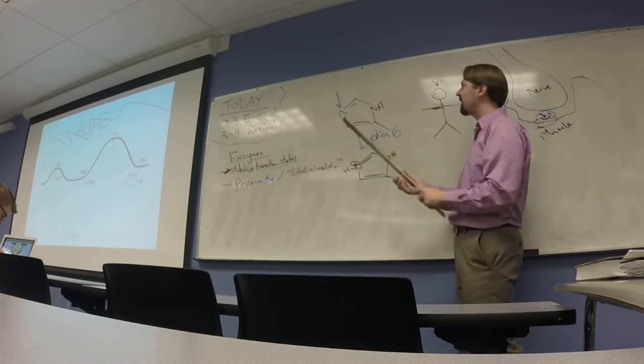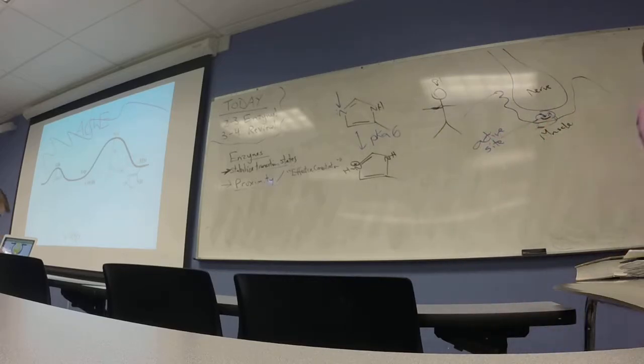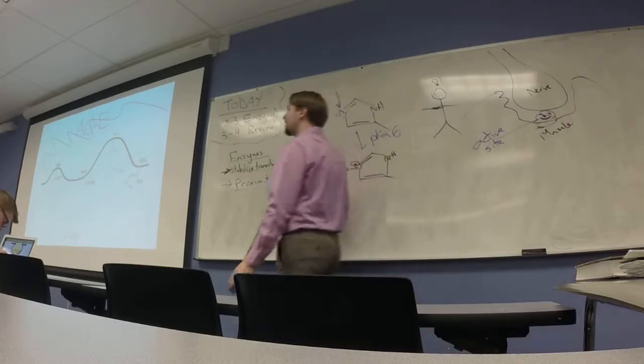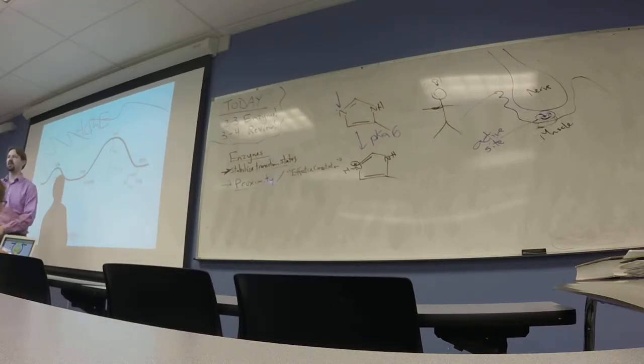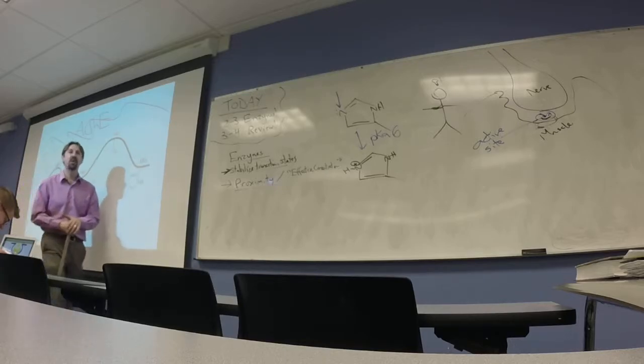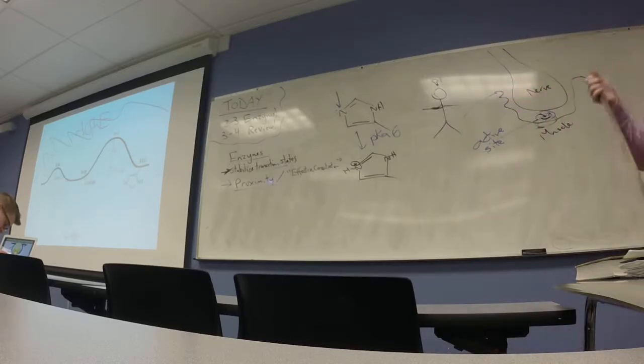This guy is relatively easy to protonate and relatively easy to deprotonate around physiological conditions. If you want to think as an organic chemist, it is an excellent proton source and an excellent proton sink. It's really good for giving and accepting protons under our reaction conditions.